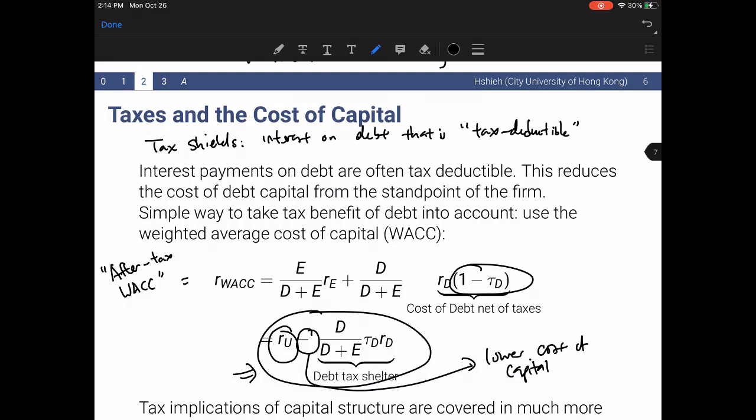In other words, we can subtract interest payments from EBIT before calculating taxes.